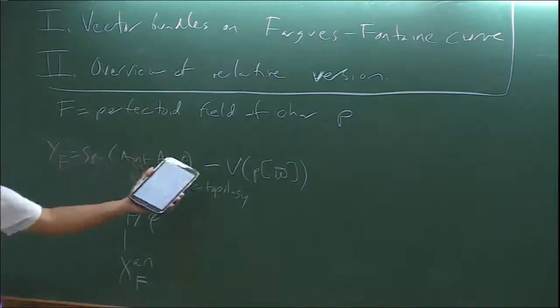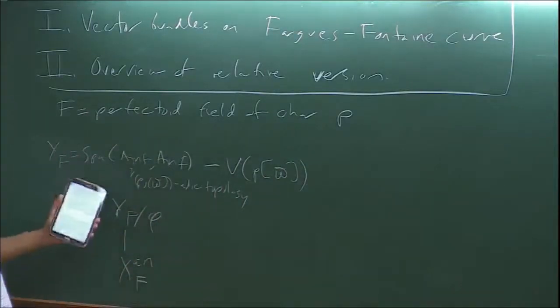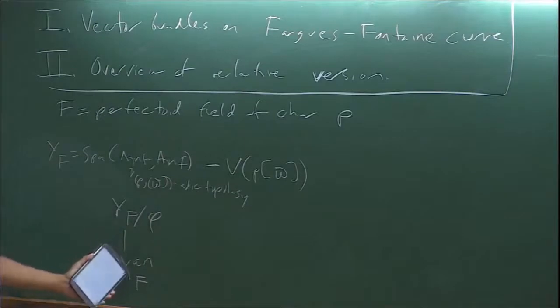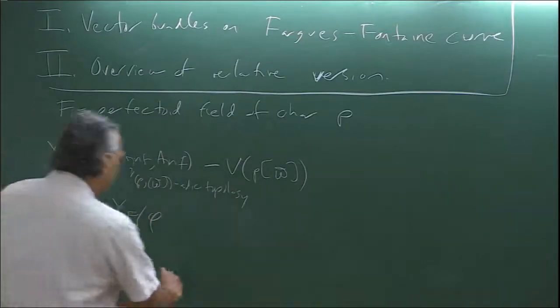So I took out all the Frobenius fixed points, so now I have a free action of Frobenius. I divided by that to get the adic Farb-Fontaine curve.